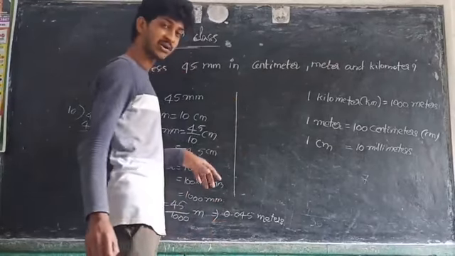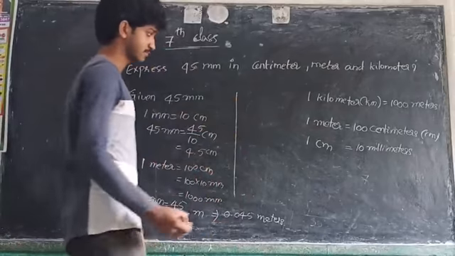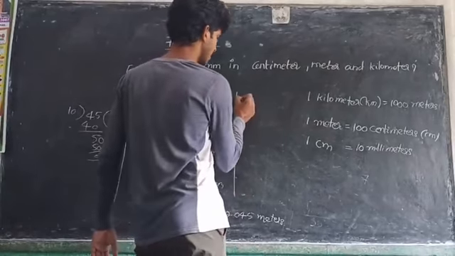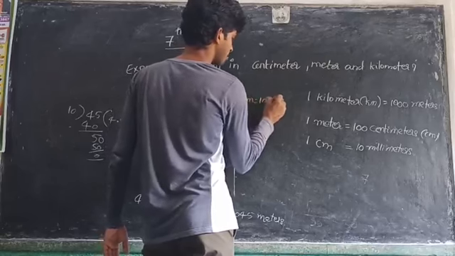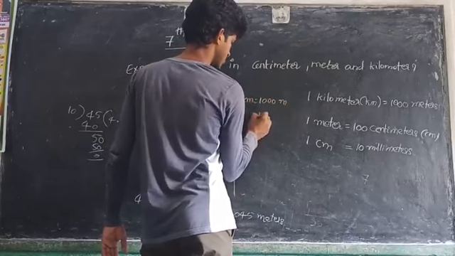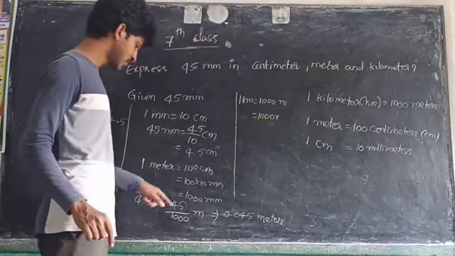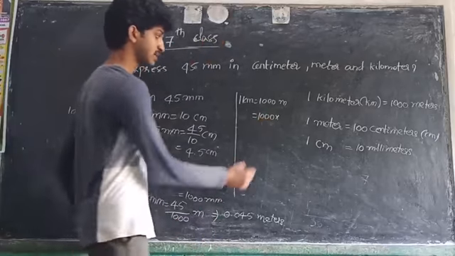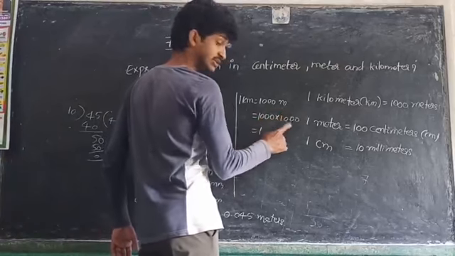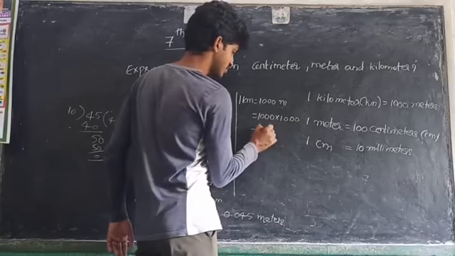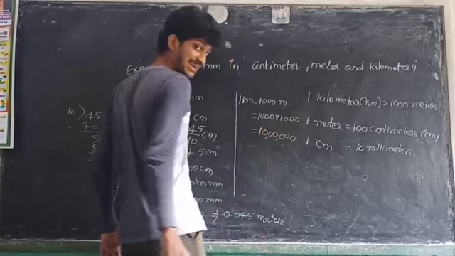Now we have to convert the 45 millimeters into kilometers. See here, 1 kilometer is equal to 1000 meters. 1 meter has how many millimeters? 1 meter has 1000 millimeters. That's why I am multiplying with 1000. So 1000 into 1000 is 1000 thousands, means 10 lakhs.